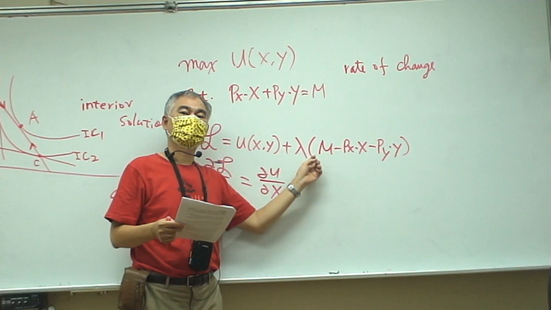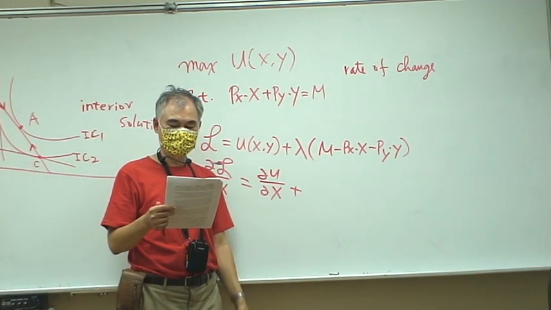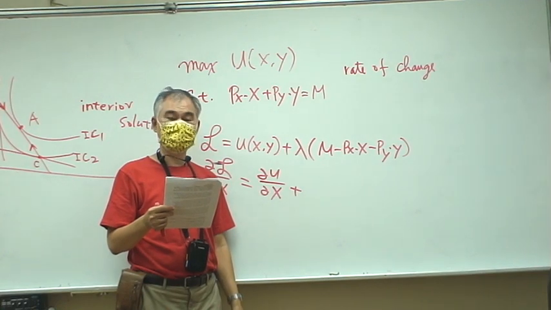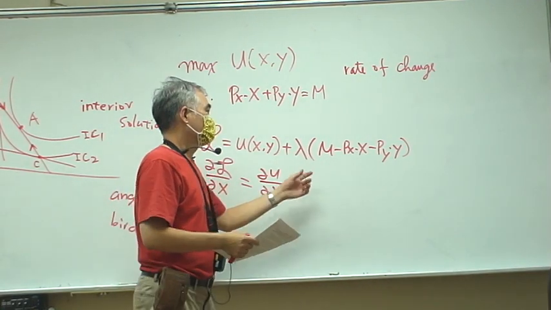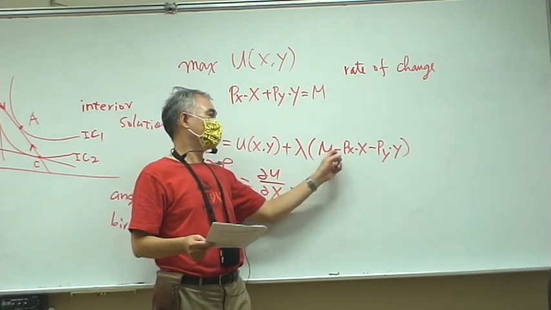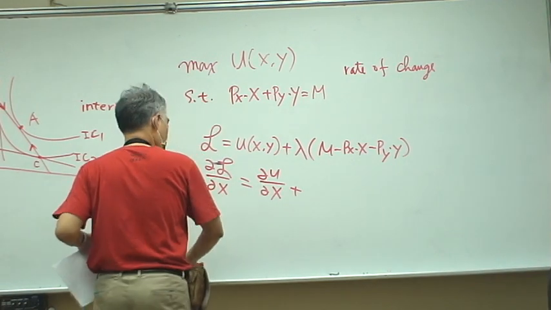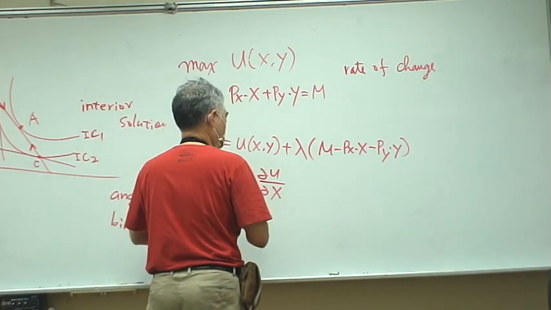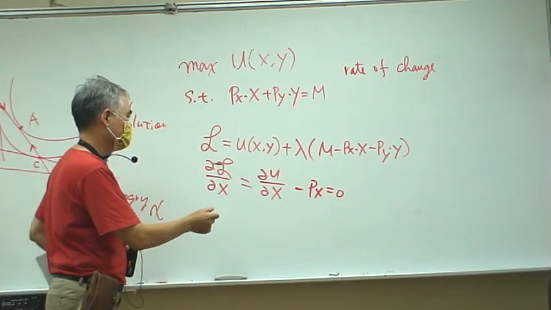So this part is gone. This part is also gone because there's no x. So here you have minus lambda px equals 0. This is the first order condition.